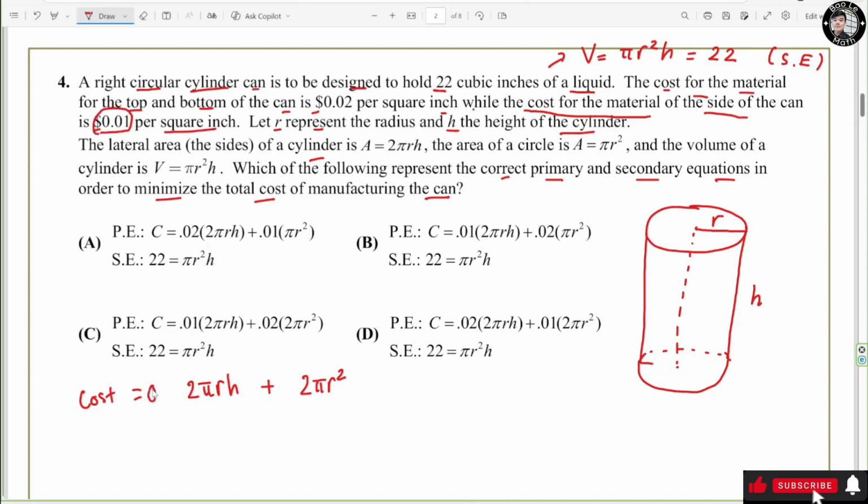So we need to multiply this by 0.01, right? And the cost for the material for the top and the bottom of the can is 0.02, right? So we need to multiply this by 0.02, right? And this one is the primary equation, right? So we look at the answer choice. It should be C, right?